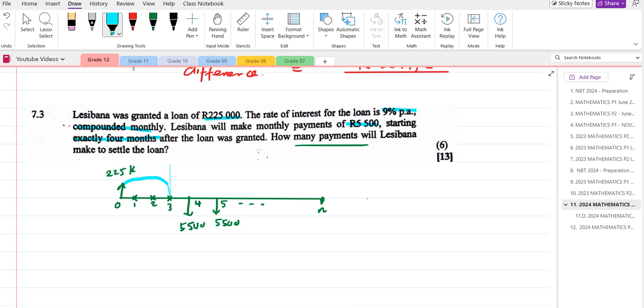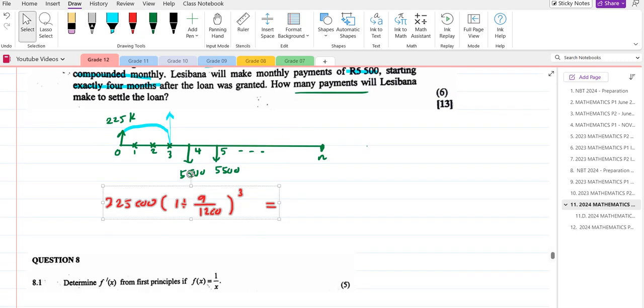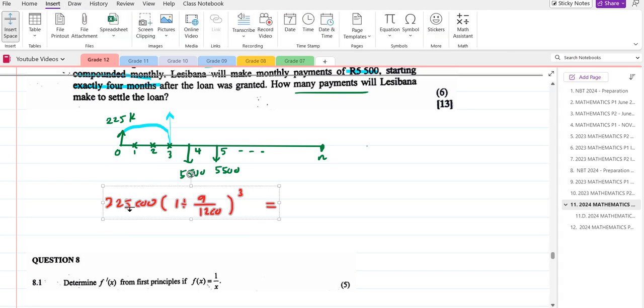It's going to get bigger. So let's accumulate the loan amount: 225,000 into (1 plus 9 over 1200) to the power 3. Remember, we're using the loan formula, and it's 6 marks. So nice question.